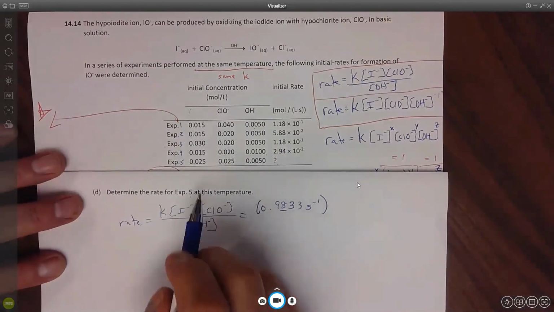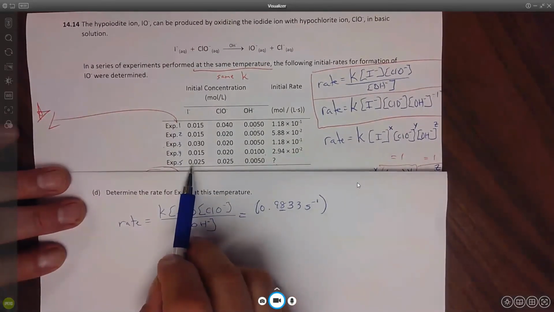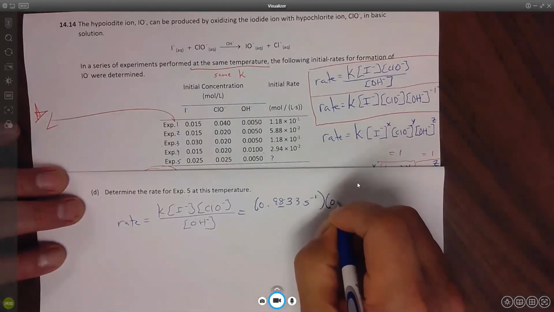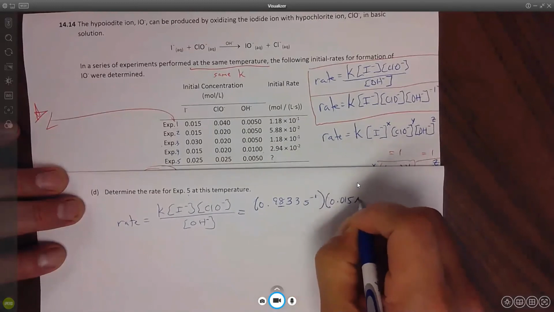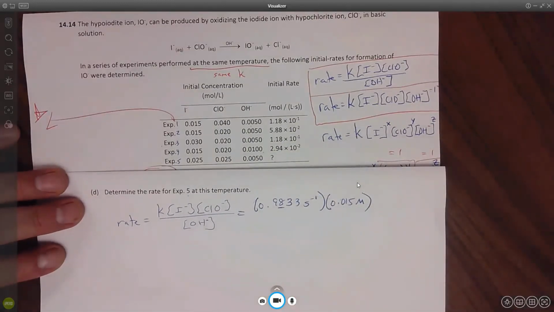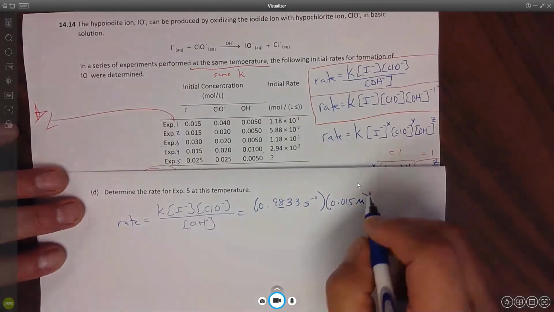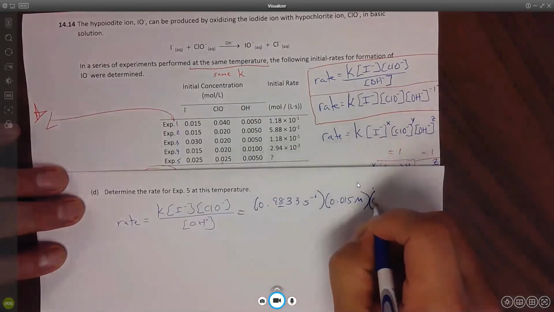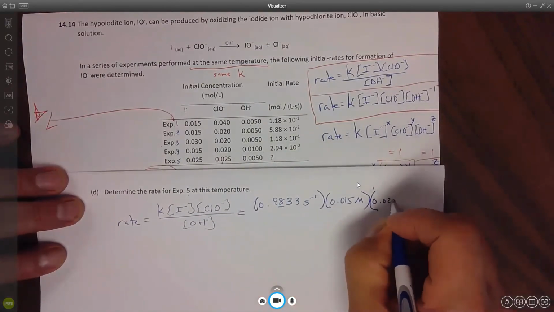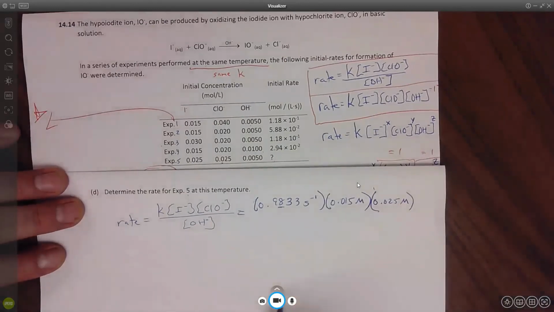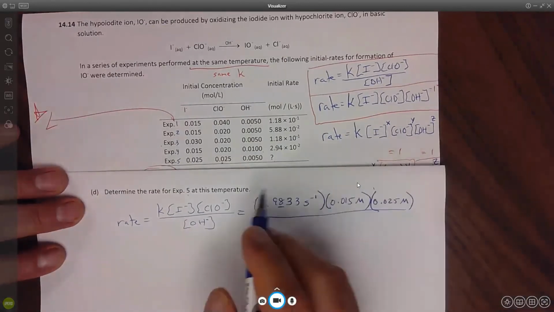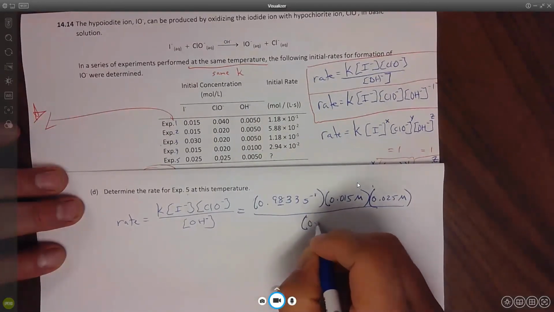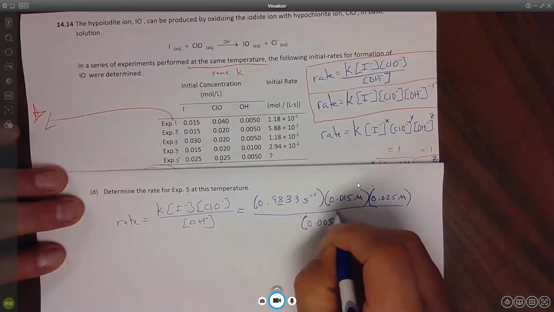And then the concentration for experiment 5, the iodide, is 0.015. And I'll just call it molar, right? You could call it moles per liter. The concentration of the hypochlorite is 0.025 molar. And the concentration of the hydroxide for experiment 5 is 0.005 molar.